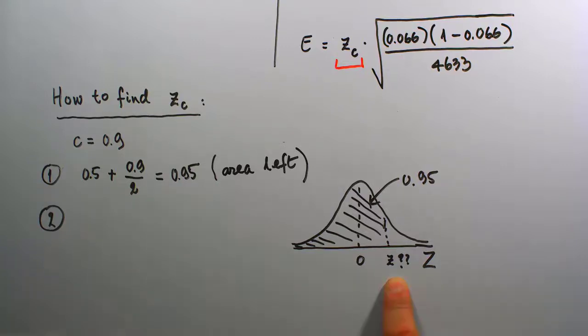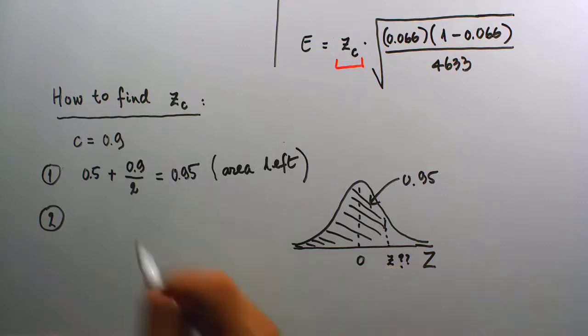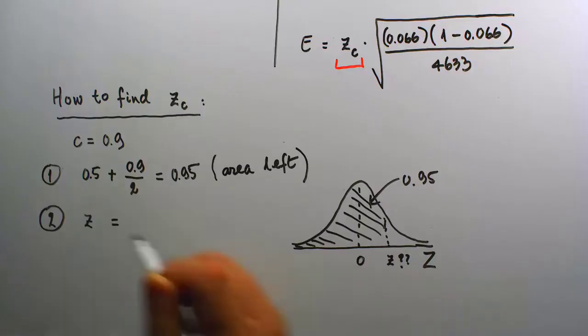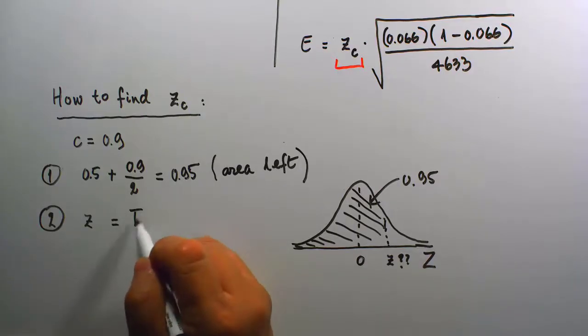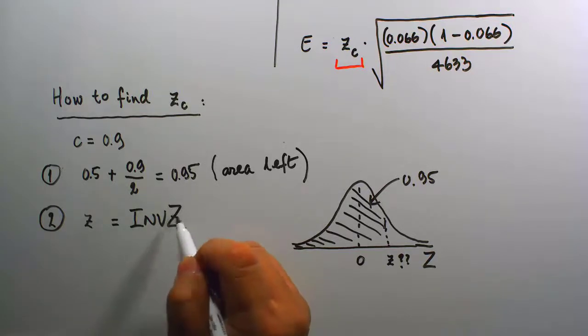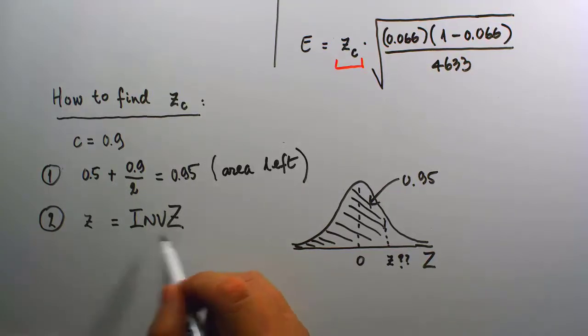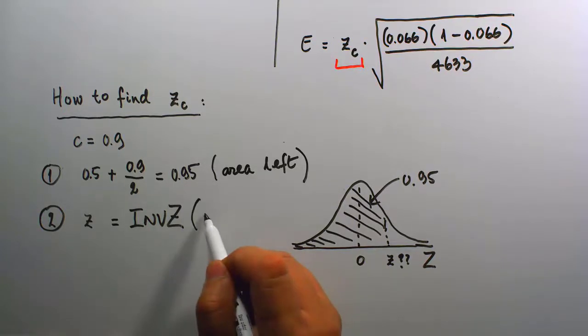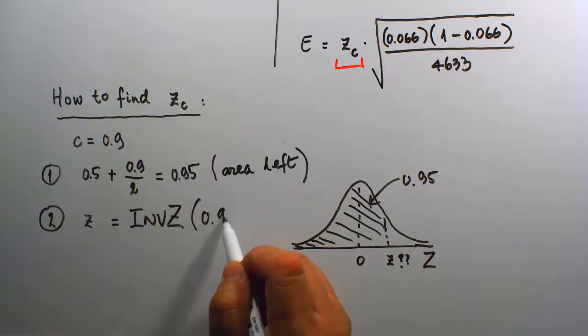You have done all of these problems back in your days learning about the standard normal distribution. The only way to find this z-score is to run the INVZ program, or some equivalent program, or some equivalent technologies over the web that allows you to go from an area to the left of a z-score.